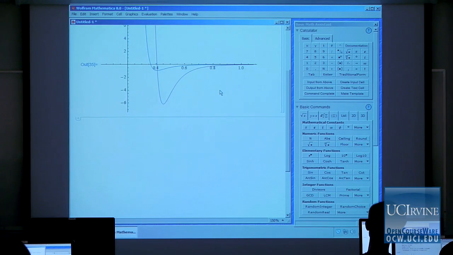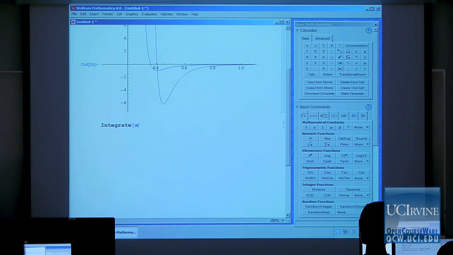Now, the good news is when an antiderivative exists, Mathematica will find it. Mathematica knows how to integrate. But sometimes they don't exist. Well, let's start out with a simple one. Okay? The command is integrate. All right, and the way it works is you say, what's the function you want to integrate?